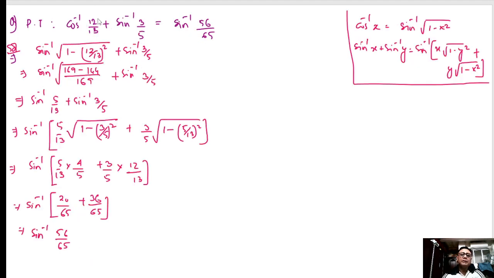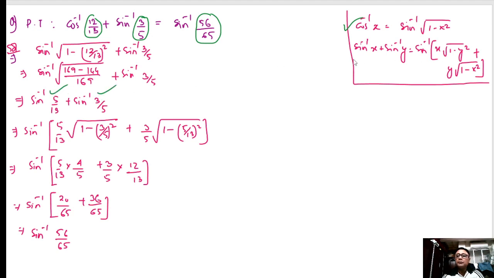Next sum, let's see. Prove that cos inverse this plus cos inverse this equal to sine inverse this. So first we will convert the cos inverse into the sine inverse. This is our formula: cos inverse x is sine inverse root over 1 minus x square. So this we converted to the sine inverse, and this is sine inverse 3 by 5.